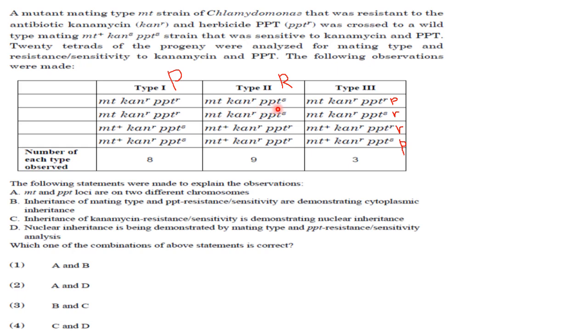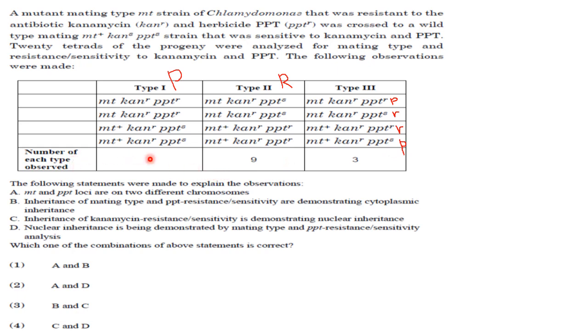MT minus PPTS is recombinant, MT plus PPTR is recombinant. Third type, if you see, MT minus PPTR is parental, MT minus PPTS is recombinant, MT plus PPTR is recombinant, MT plus PPTS is parental.